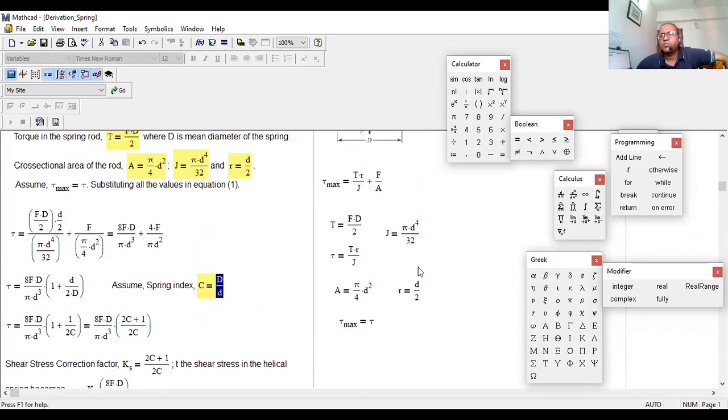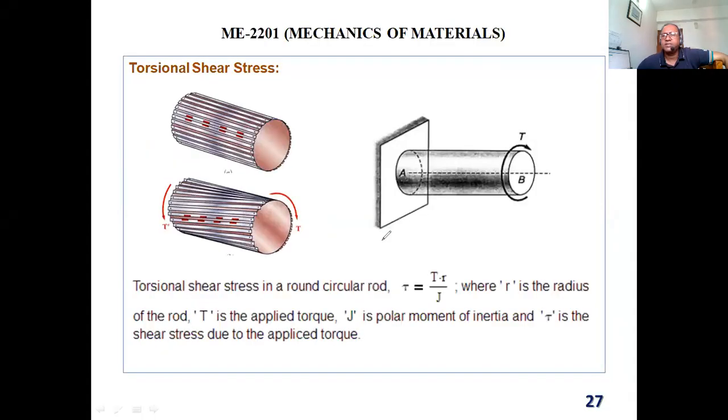Now, there is one problem. We applied the torsion formula, TR by J, that we learned in the torsion chapter. It is applicable for a straight bar, but in the spring, the wire is not actually straight, it is curved. And here there is an anticlockwise torsion.